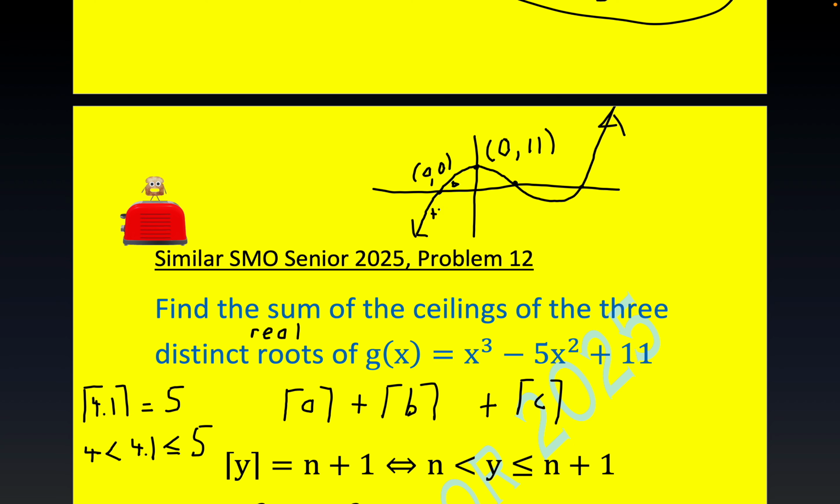So the sign of the graph is negative here and positive here. Right here it reverses. You have positive values for the graph, and then negative values here. Then right here you have negative going to positive.